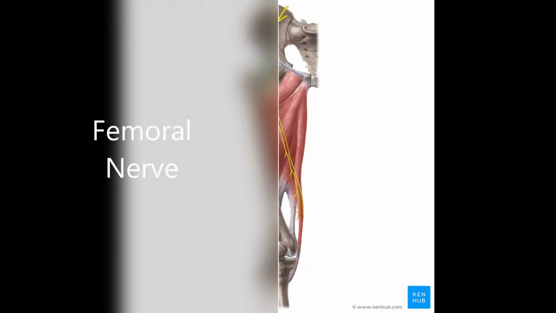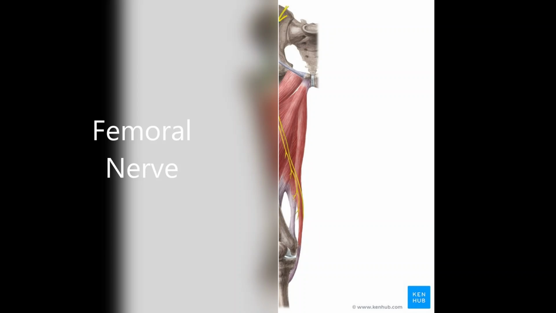Next nerve is the femoral nerve. The femoral nerve emerges at the lateral border of the psoas below the iliac crest and runs downward and slightly lateral between the psoas and iliacus. It lies under the fascia iliaca.